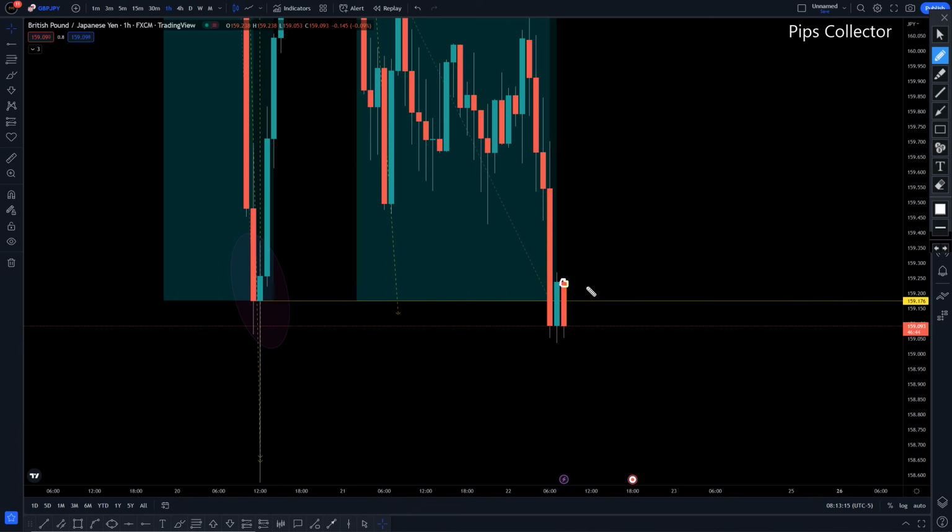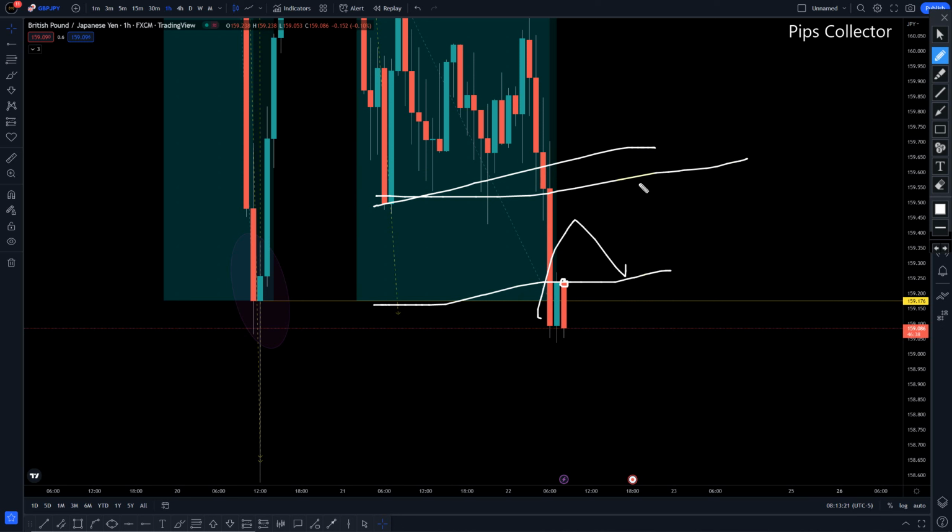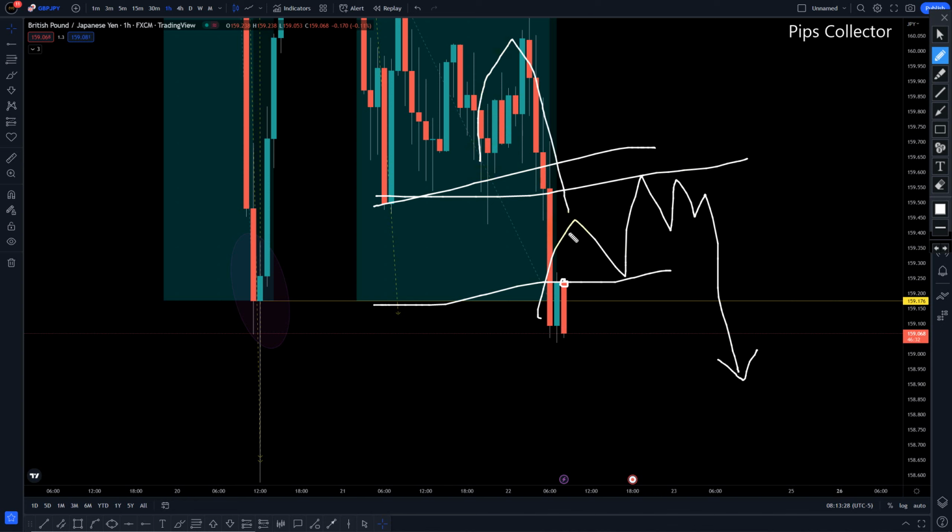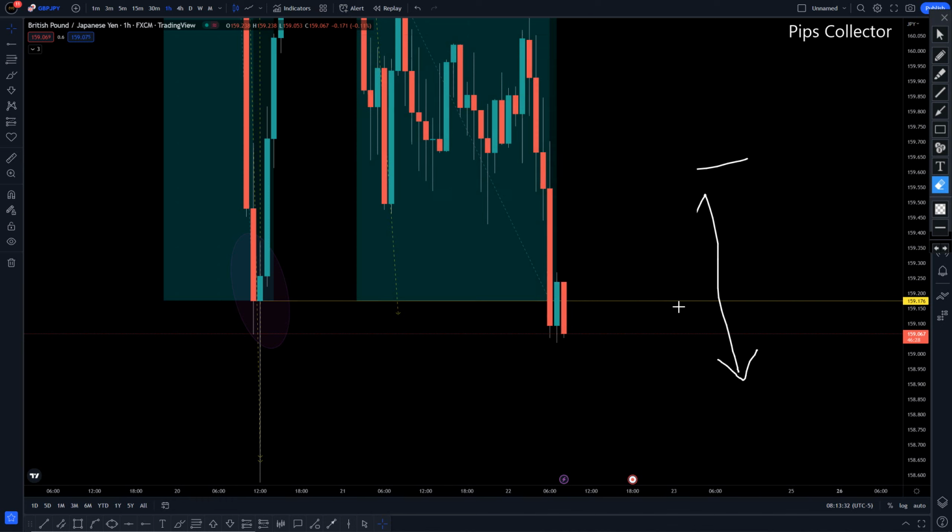I want to see some retracement, preferably within this zone, then see if we can continue the bearish swing. As we look at it now, we're still in sellers territory on the 1 hour time frame, sellers territory on the 4 hour time frame, sellers territory on the daily time frame. In fact, this is a sellers dominated market.